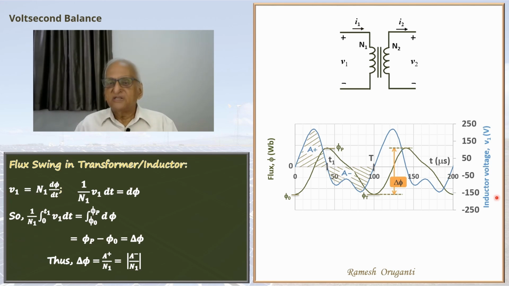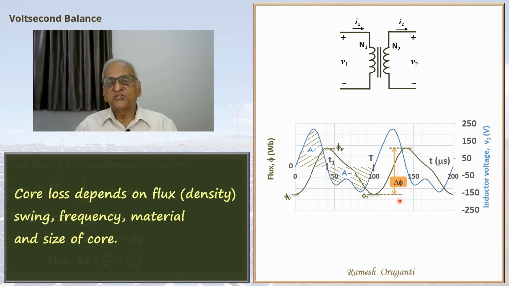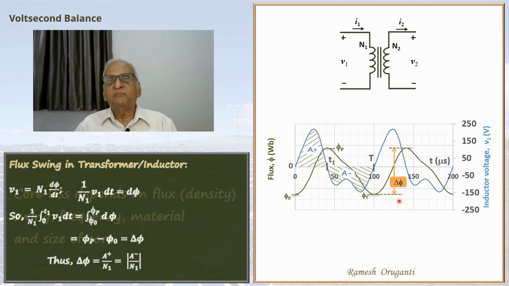And also, delta phi together with the frequency of operation and the material characteristics determine the core power loss in the transformer. So delta phi is a useful parameter for designing transformers.